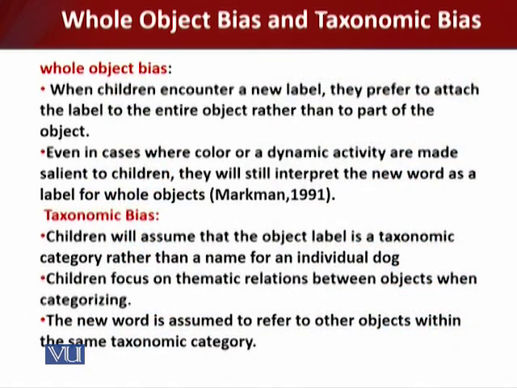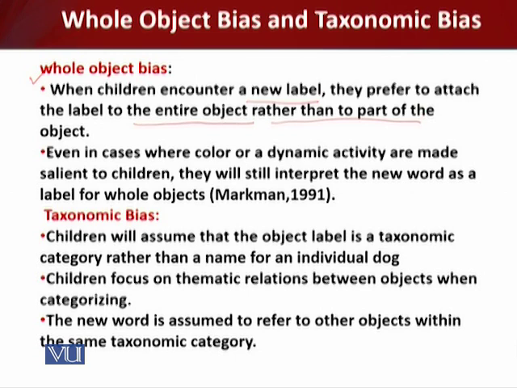Now we will look at whole object bias and taxonomic bias and see some examples. As we have discussed, when children encounter a new label, they prefer to attach the label to the entire object rather than to part of the object.